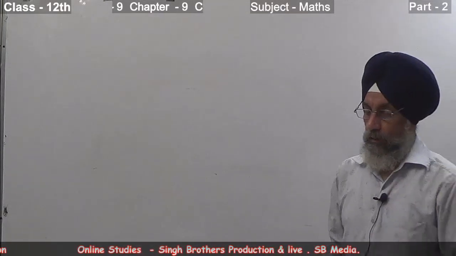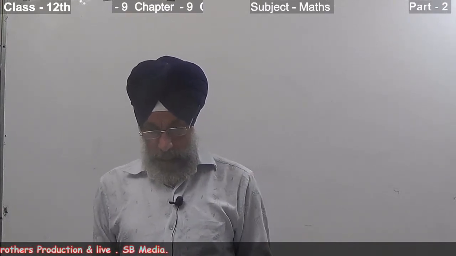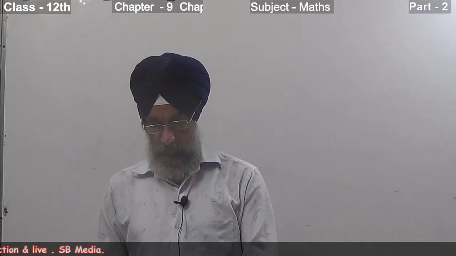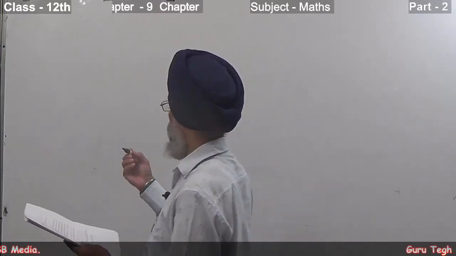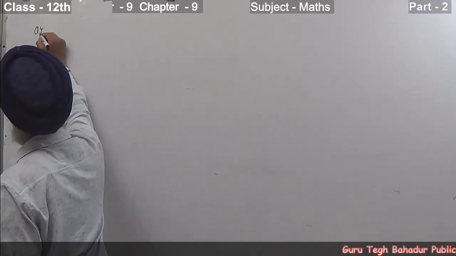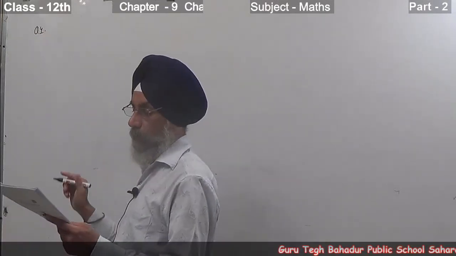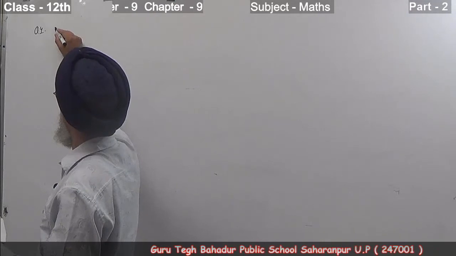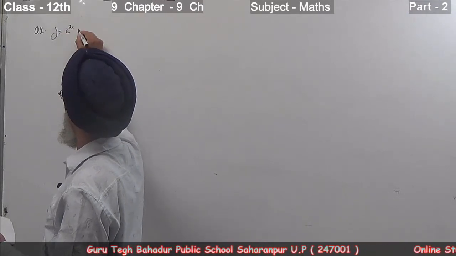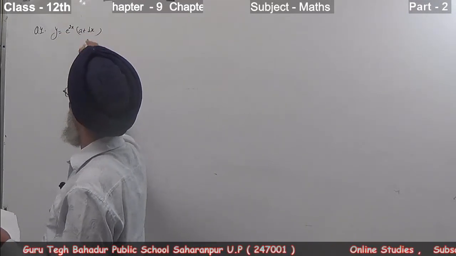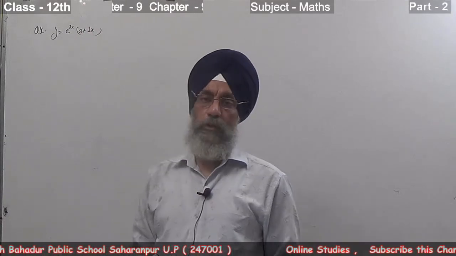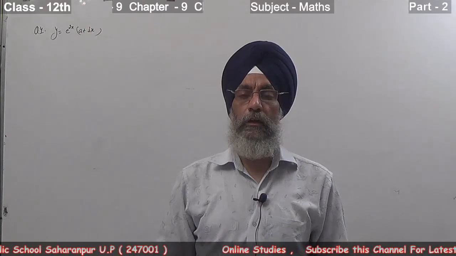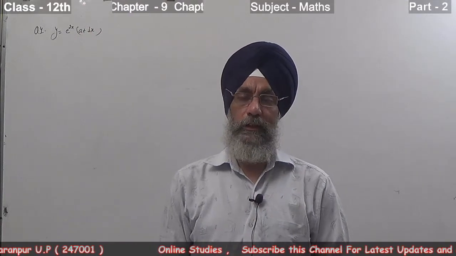Now, in the exercise, say question number 4. It says y is equal to e to the power 2x times (a plus bx). We have to form the differential equation here. You can see there are two arbitrary constants, a and b.